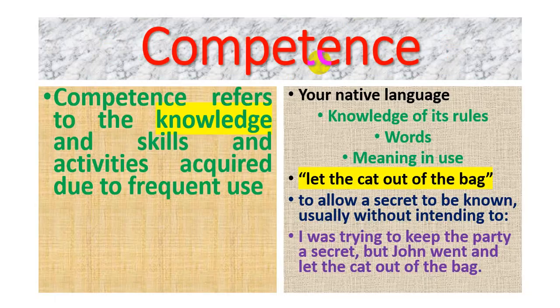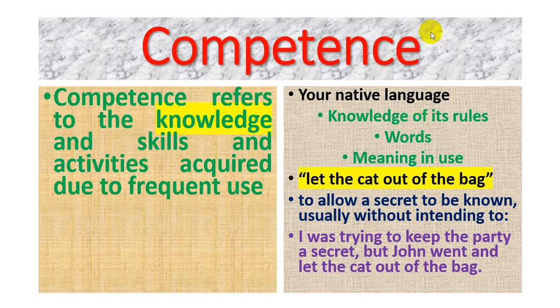An example of competence is usually related to the word knowledge. Whenever we say the word competence, it means knowledge. If you have a competence of something, it means you have the skills, the knowledge, the activities, all the required items to do something.